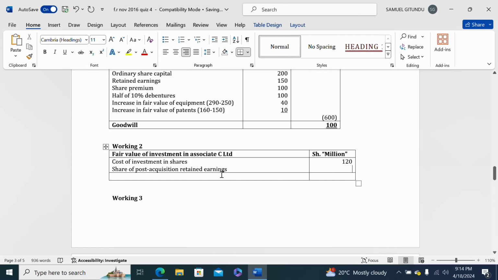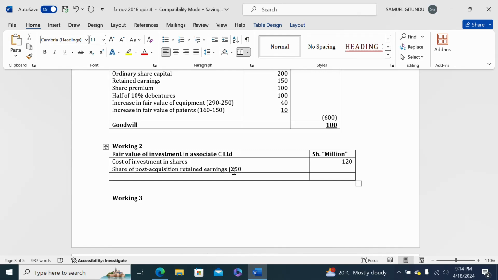Post-acquisition is the profit which were earned after this associate was acquired. So the total profit in the statement of financial position is 250.